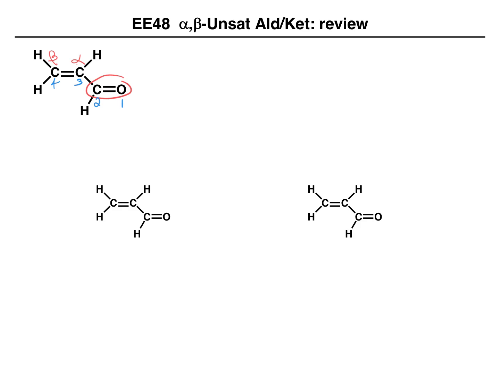So looking at an alpha-beta unsaturated aldehyde or ketone, what we need to think about is the fact that this carbon, this carbon, this carbon, and this oxygen are all sp2 hybridized. That means that we have a p orbital, a p orbital, a p orbital, and a p orbital, so we can have an extended pi system. So even though it is drawn as a double bond, single bond, double bond, we know that it exists as a delocalized pi system.